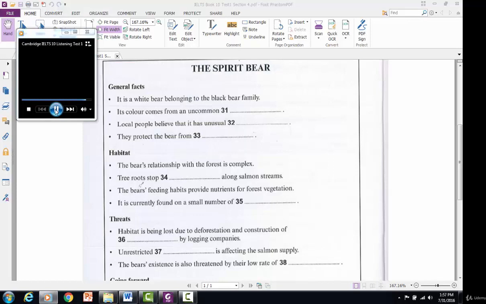To make matters worse, the number of salmon in those streams is declining because there is no legal limit on fishing at the moment. All these influences have a negative impact on the spirit bear's very existence, which is made all the more fragile by the fact that reproduction among these bears has always been disappointingly low.